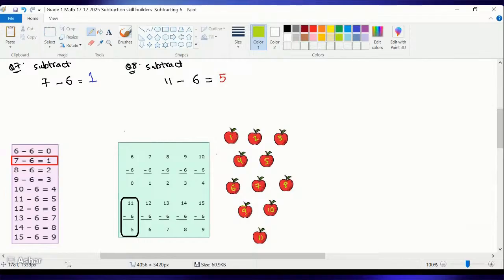So if out of 11 apples that we had, we ate 6 apples, how many apples will be left? We start removing 1, 2, 3, 4, 5, and 6. So that means we are left with 5 apples altogether. Okay, let's look at the next question.